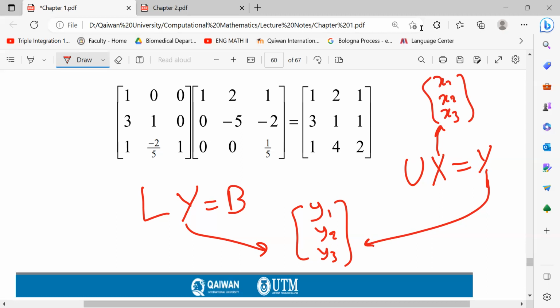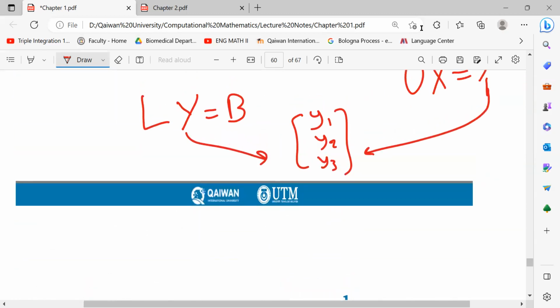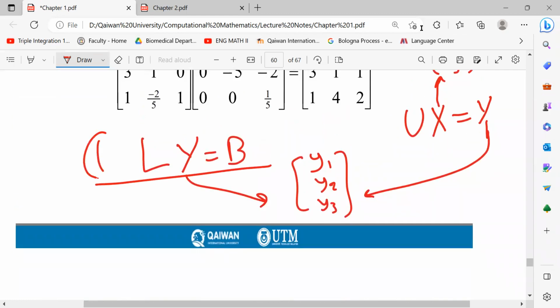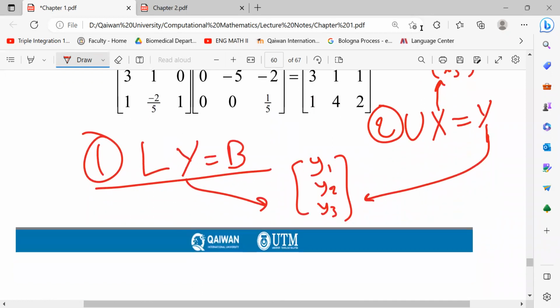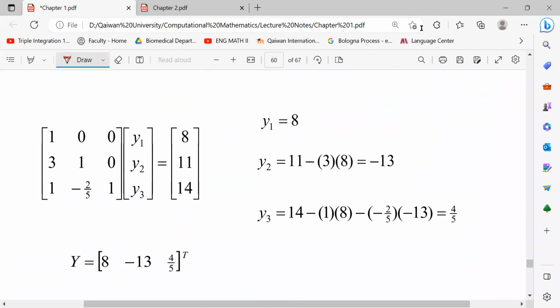X1, X2, X3 are the solutions of the system. Up to here, we found U and L. After finding U and L, Ly equals B is the first step, and then Ux equals Y is the second step to get the values of X1, X2, and X3.